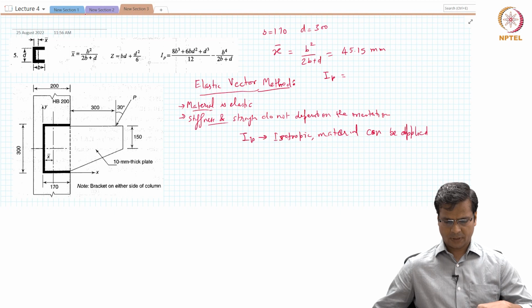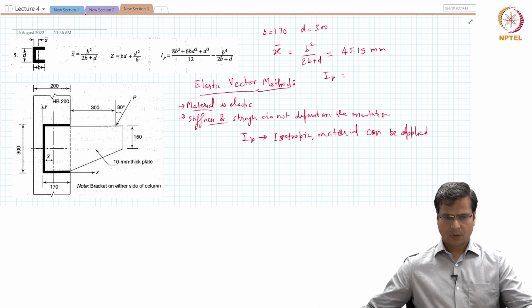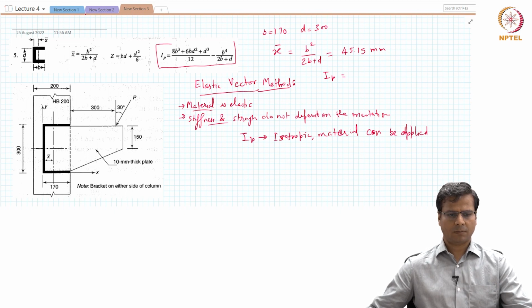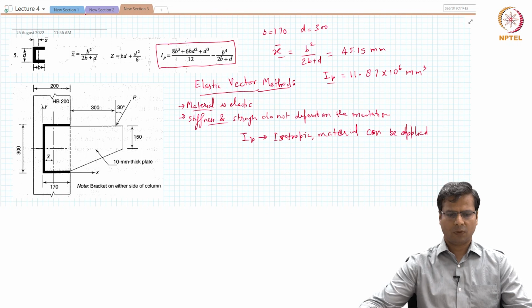For us to be able to calculate the IP value, we will substitute the respective values in this expression. So once we substitute these values, we get IP as 11.87 into 10 to the power 6 millimeter cube. Okay. So this is the polar moment of inertia, and this is the location of the neutral axis.